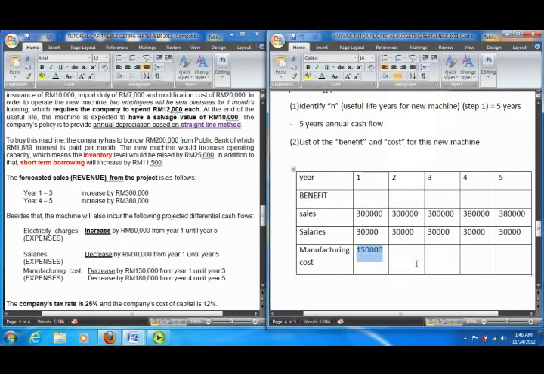So when 150,000 is year 1 to year 3, automatically it is the same. Put it as positive. And how about year 4 to year 5? Still decrease. So we put it as benefit. Alright, as benefit, positive 180,000 for 2 years.